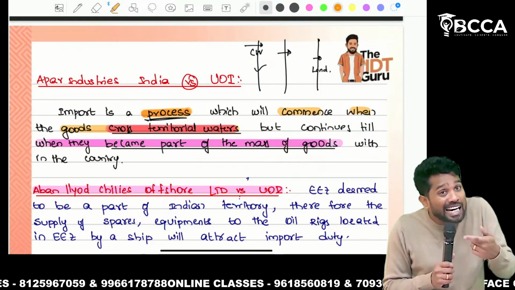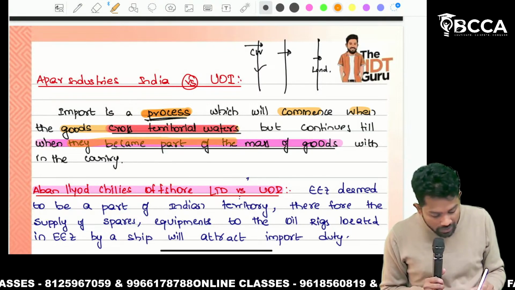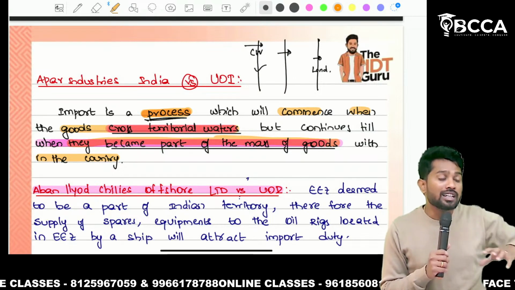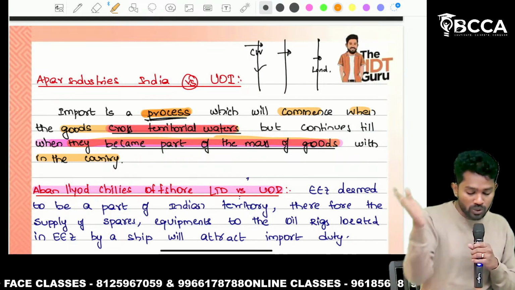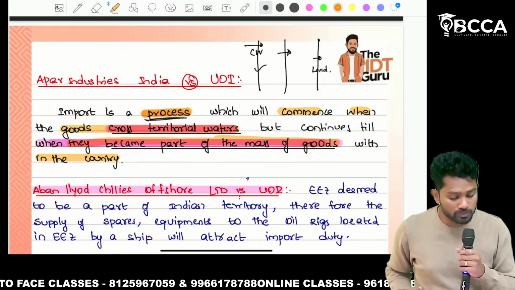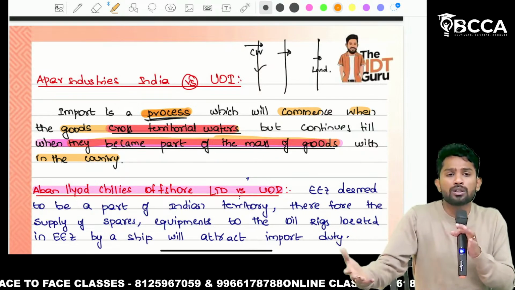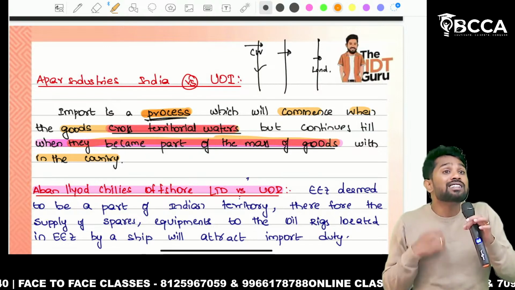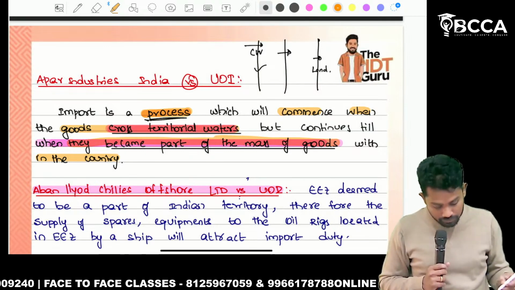It starts there and continues till they become part of the mass of goods within the country. I mean, they need to cross even the customs barriers, not just touch the land. They should get mixed with the normal goods available in India. Then it is considered as import completed.